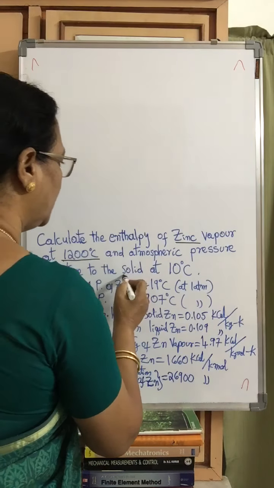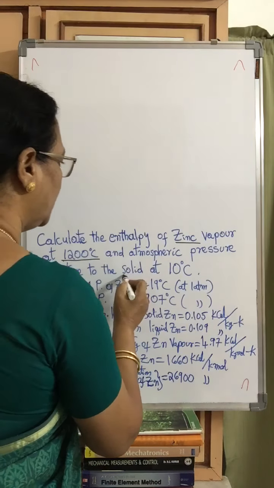Then this vapor, but what is our question? It is the enthalpy of zinc vapor at 1200 degrees centigrade, not at 907. At 907 we are getting zinc vapor, but the question is at 1200. What does it mean? The vapor is heated from 907 to 1200 degrees centigrade.